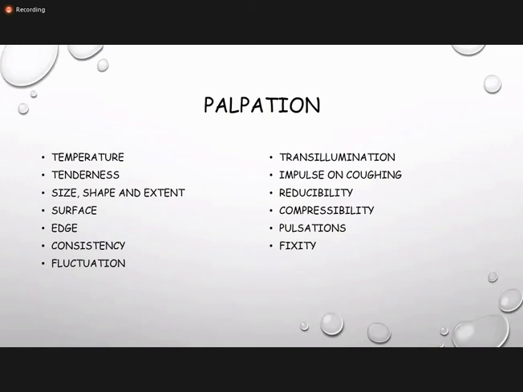Who is this? Uja, I think. Okay, start the palpation then. First, you will assess the temperature of the swelling. How would you feel the temperature? We will use the dorsal surface of our hand. Why do we use the dorsal surface of the hand?